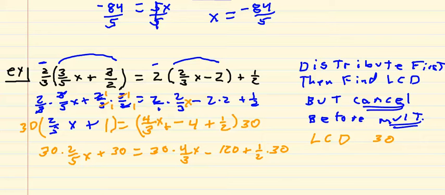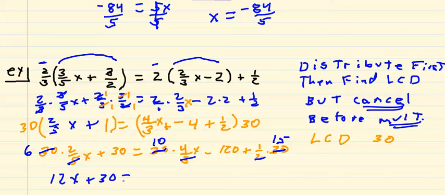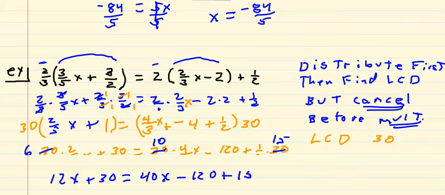I then cancel. 5 goes into 30 6 times. 3 goes into 30 10 times. 2 goes into 30 15 times. 6 times 2 gives me 12x plus 30 equals 10 times 4 is 40x minus 120 plus 15.